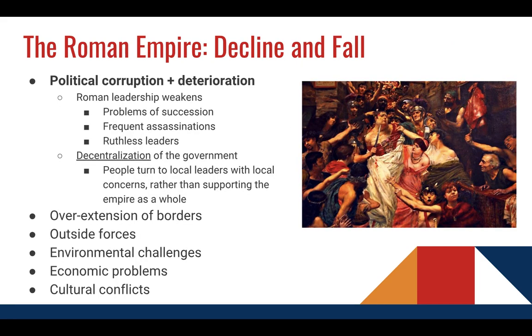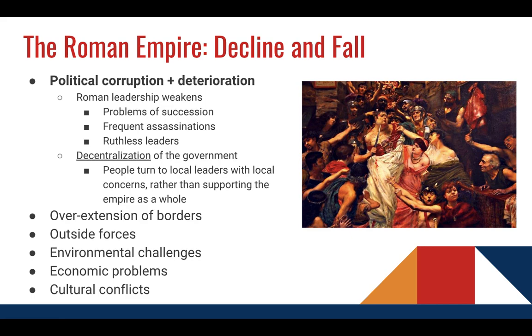Now we'll look more specifically at the Roman Empire. And we're going to start by thinking about what political corruption and deterioration looked like in Rome. Well, Roman leadership weakened over a very long period of time. We see this really beginning in the 2nd century, but in the 3rd century, or the 200s, it really takes off. We have something called the 3rd century crisis in Rome. So there are problems of succession, or naming the successor to be emperor.